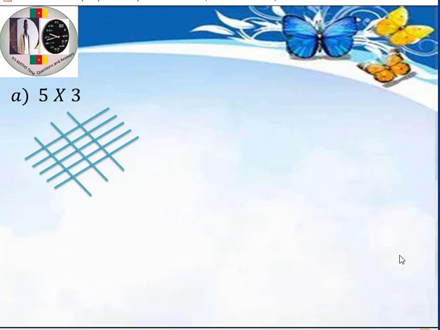Those points of intersection are our points of interest. So, how many points of intersection are there? 1, 2, 3, 4, 5, 6, 7, 8, 9, 10, 11, 12, 13, 14 and 15.